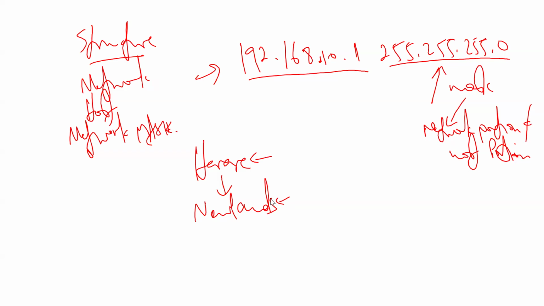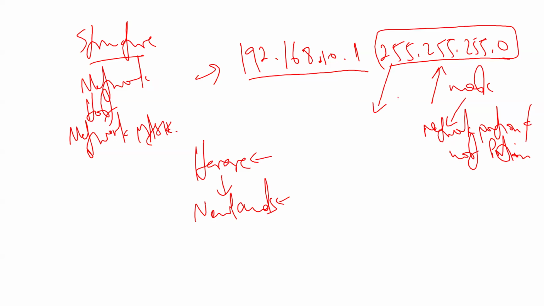The subnet mask has a simple representation, which uses what we call the prefix length. So for the prefix length, instead of putting 255.255.255.0, you can count the number of binary ones in this value here.